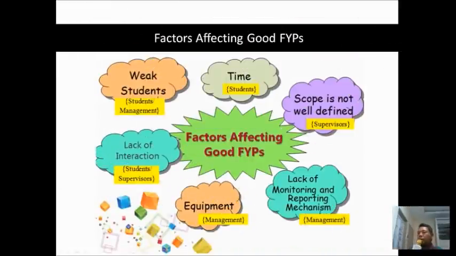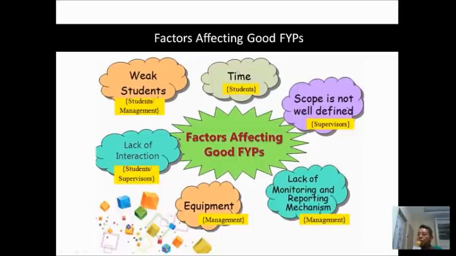Okay, now let's take a look at the factors affecting good FYPs. Okay, here we want to take a look at the factors and the potential contributors to those particular factors. So if we go to the first one, weak student, maybe it is affected by the student himself and also management.